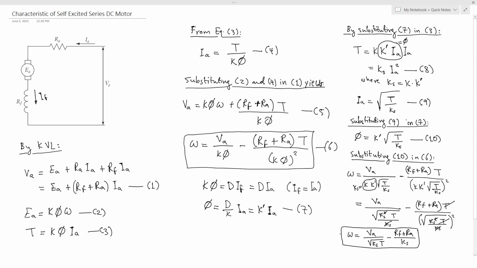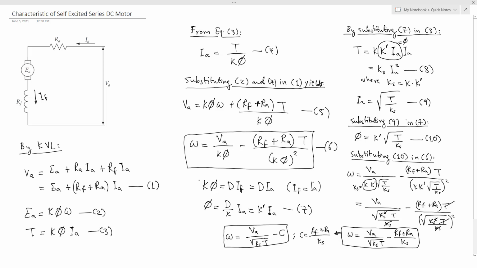And also we can simplify it more. We can say that omega equals VA over the square root of KS T minus C, where C is a new constant and equals (RF plus RA) over KS.